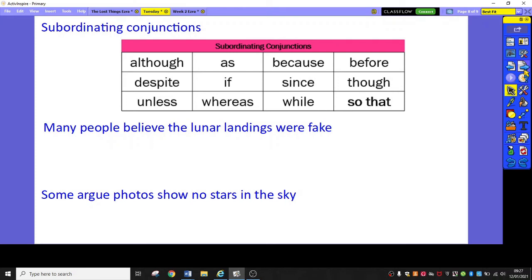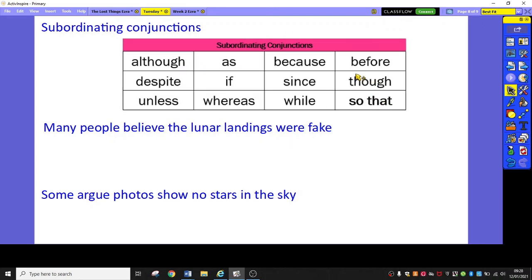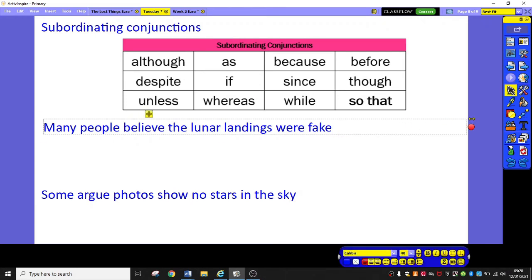Well, you come up with your clause. Here I've got many people believe the lunar landings were fake. Normally, for a lot of us, that would be our sentence. But if we're pushing ourselves to add that extra information and extra detail, we could then pick one of these conjunctions to put in and then to finish our sentence.